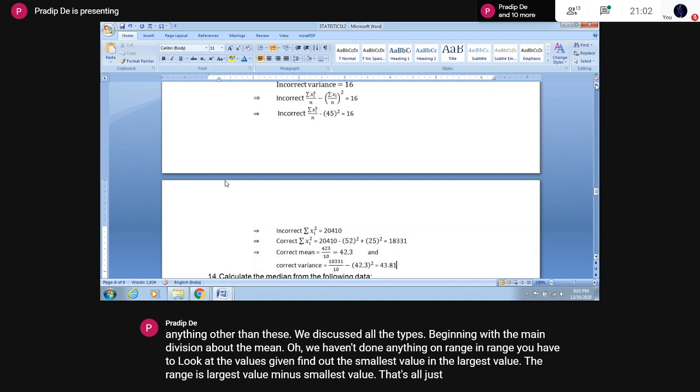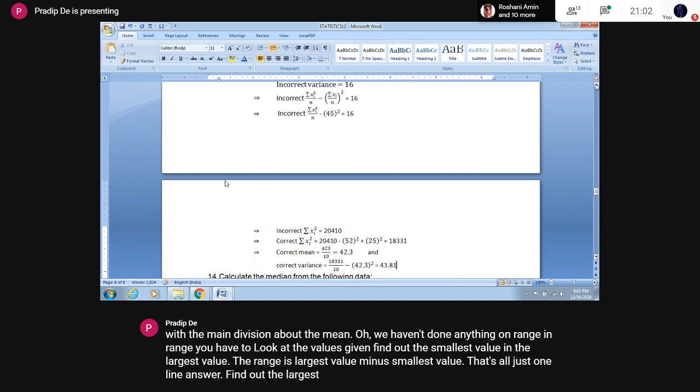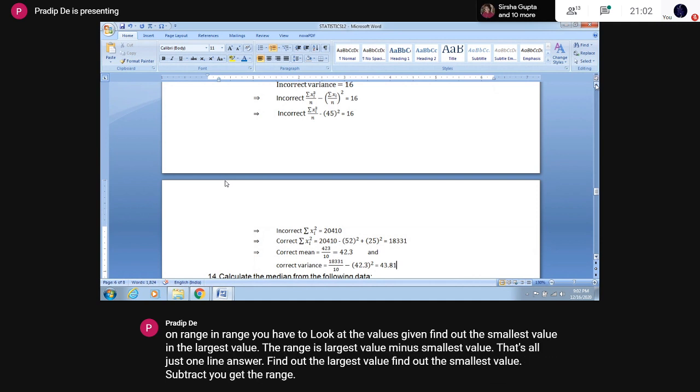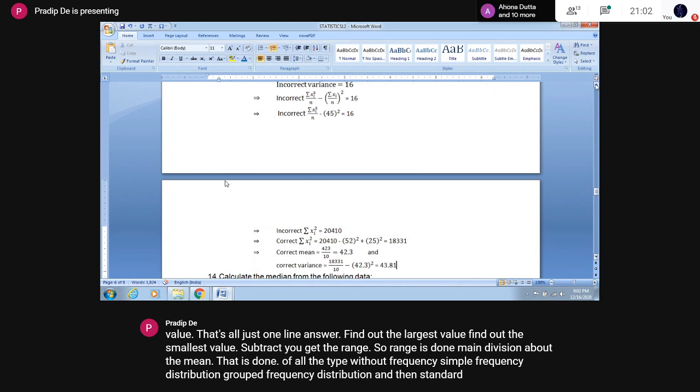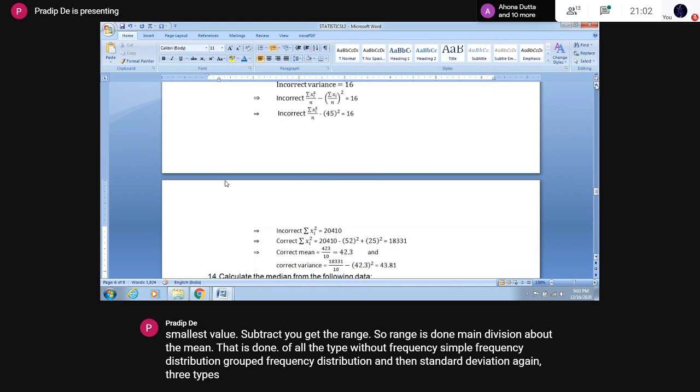Just one line answer. Find out the largest value, find out the smallest value. Subtract, you get the range. So range is done. Mean deviation about the mean, that is done, of all the types: without frequency, simple frequency distribution, grouped frequency distribution, standard deviation, again 3 types, and coefficient of variation. That's all. There's nothing more to it.